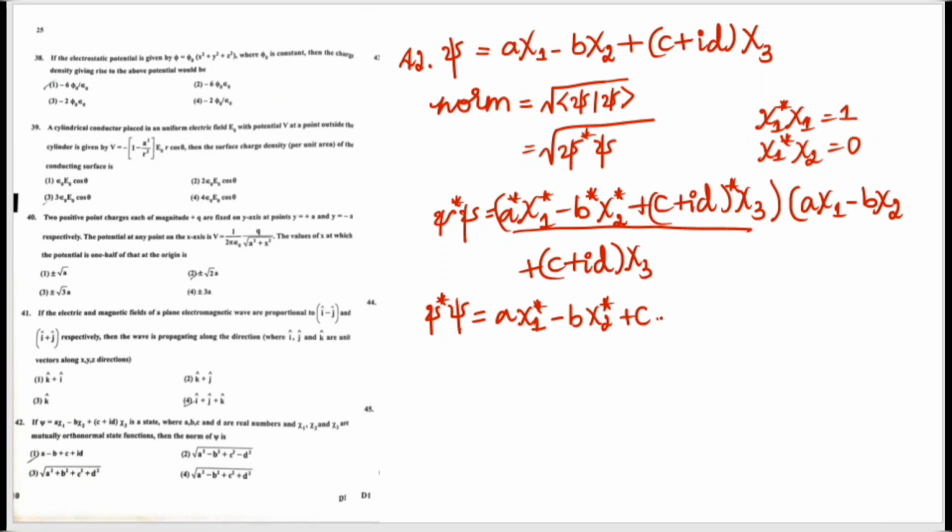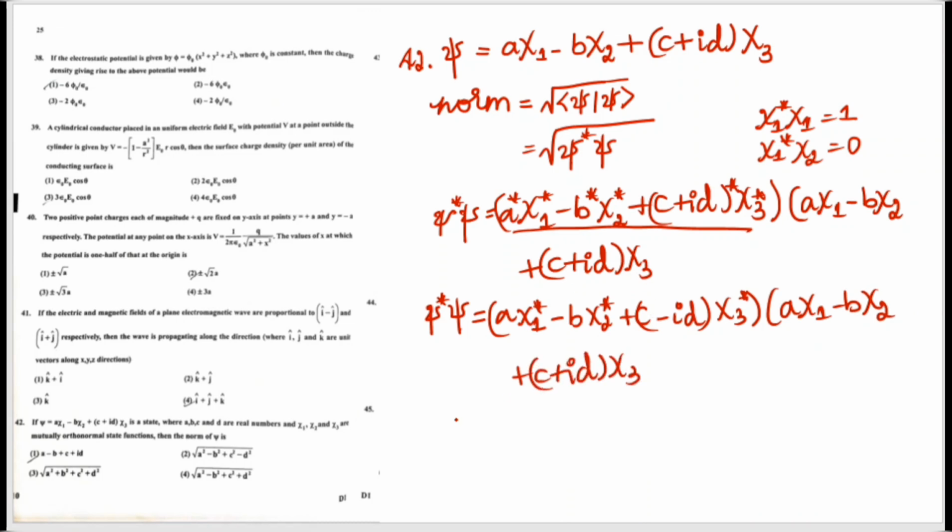Instead of i, we'll get minus i. The complex conjugate of plus i is minus i, into d star, it will be d, of chi3 star, into a chi1 minus b chi2 plus c plus i d into chi3.